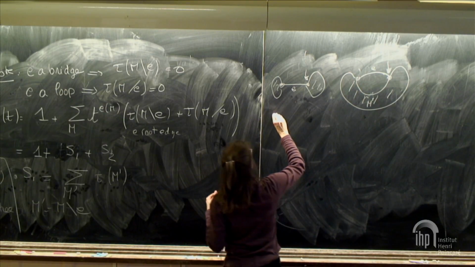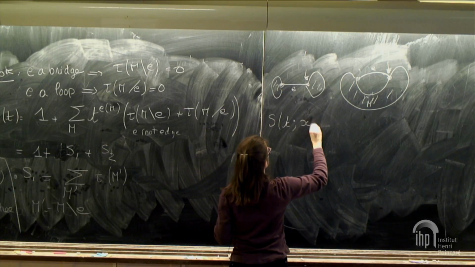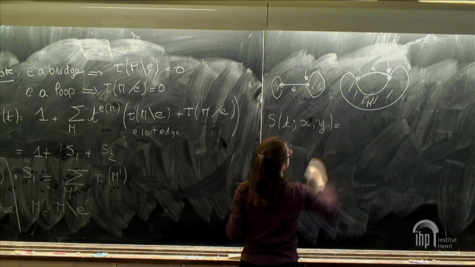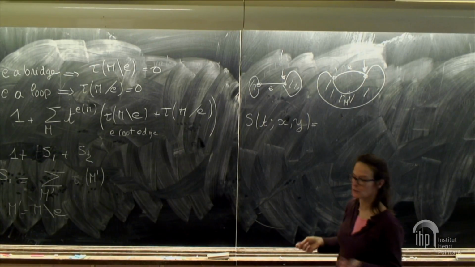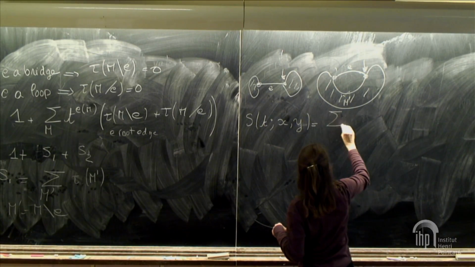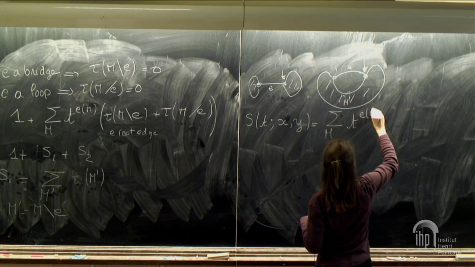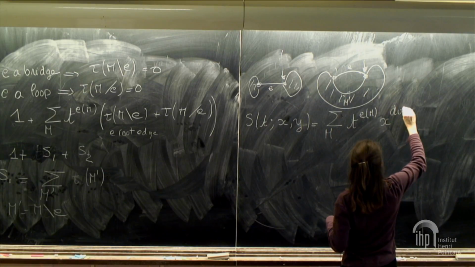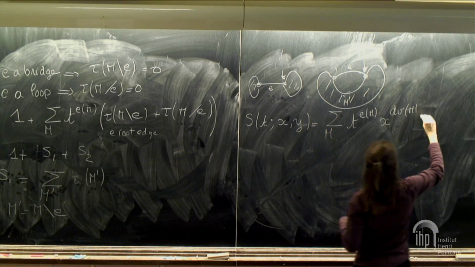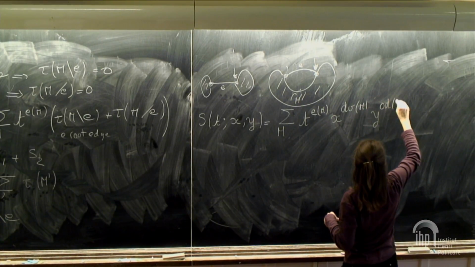So this means that I'm going to consider now a three-variable generating function, if I want to use this approach, contract, delete the root edge, which is the sum over all maps of t to the edge number, x to the degree of the root vertex, and y to what I called the outer degree.